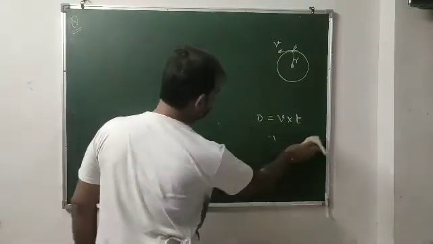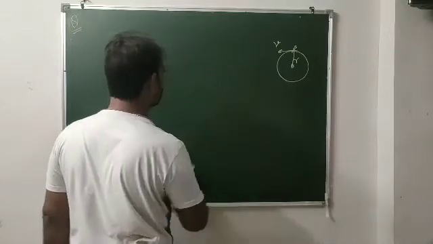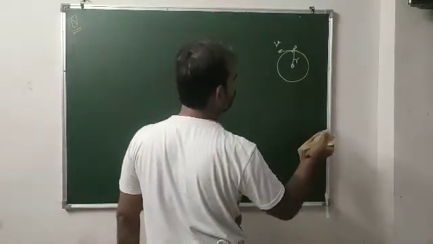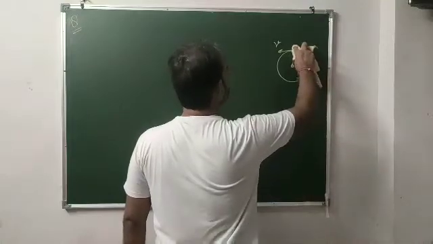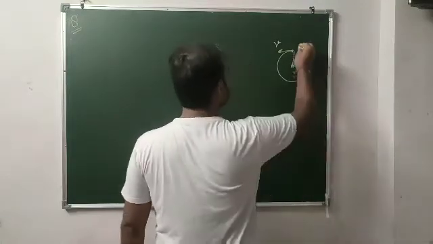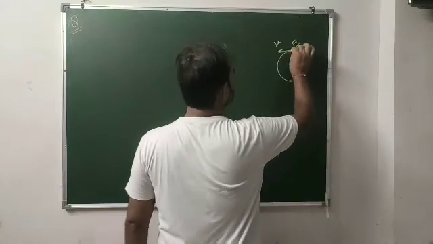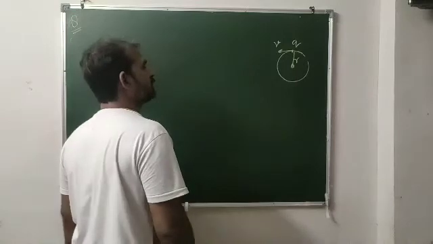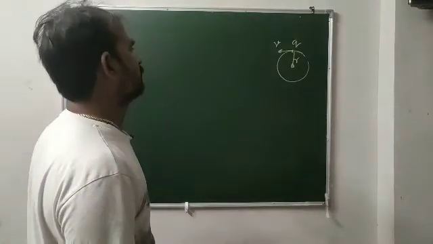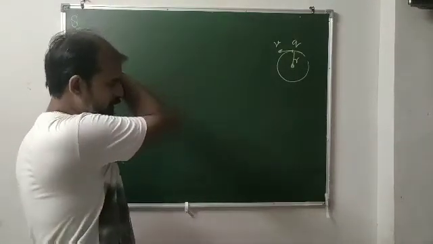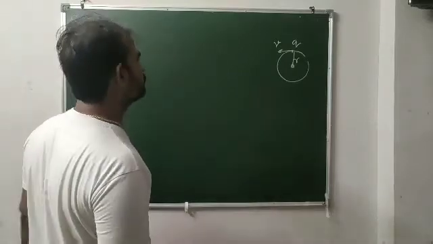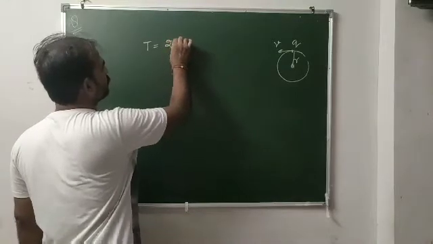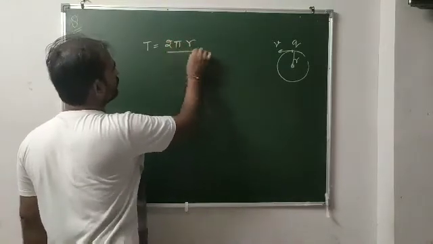In a more general way, students, if this type of problem is given to you, suppose in case of any atom, Q amount of charge is rotating around the nucleus on a circular path of radius r, then we know that the time period will be 2 pi r by v.